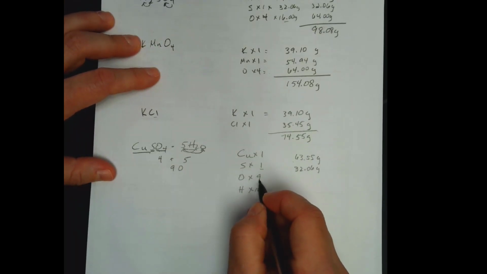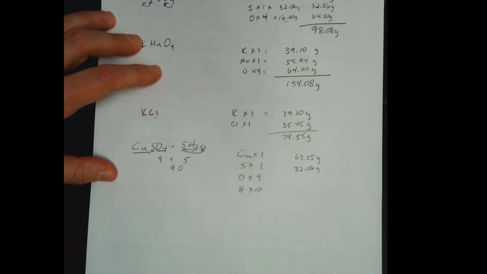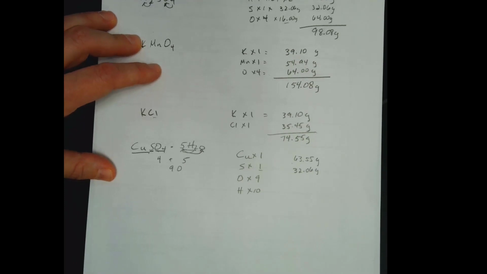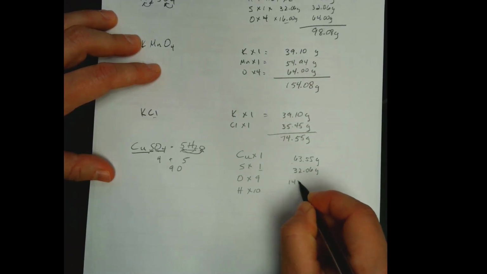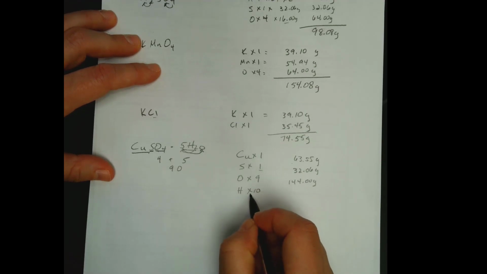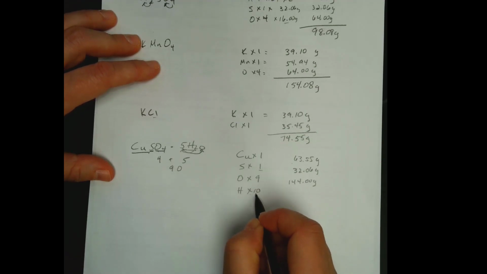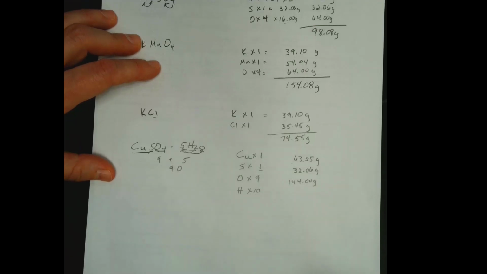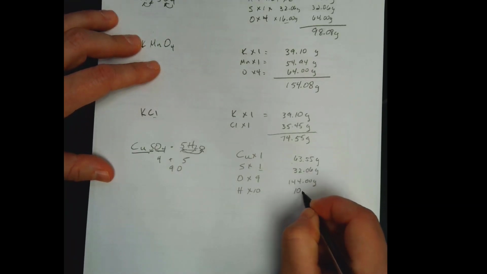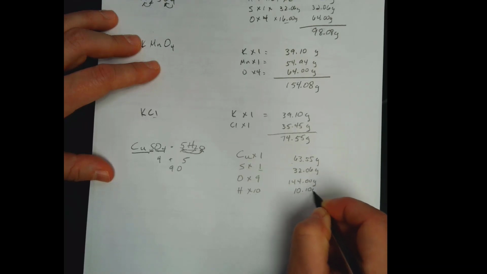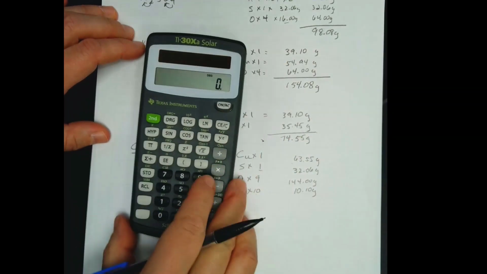Now I've got 9 oxygens, so essentially what I have to do is I have to take 9 times 16, and when I do that I end up with 144.00 grams, and I have to take hydrogen times 10. So I'm going to take 10 times 1.01, because that's hydrogen's mass, and then I end up with 10.10 grams.